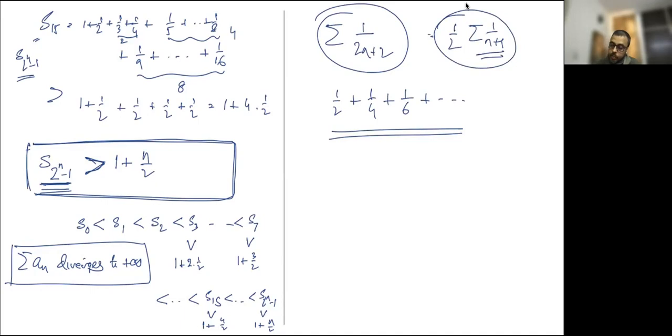Similarly, if you look at this, what would be the nth partial sum here?